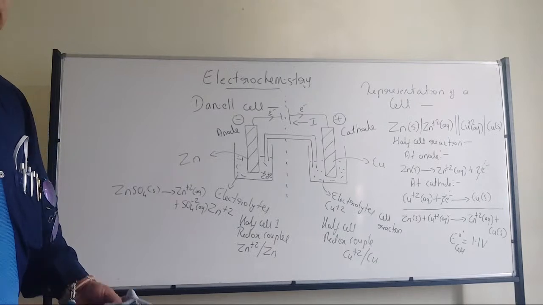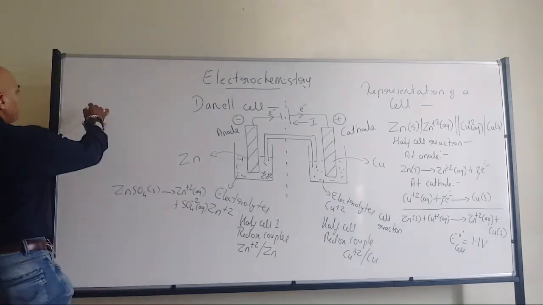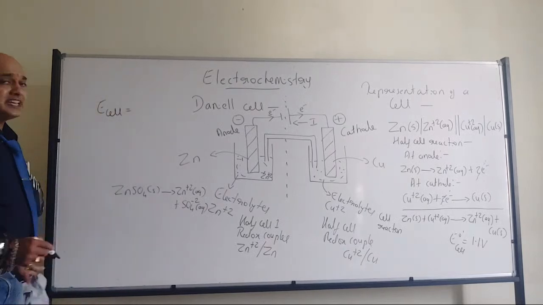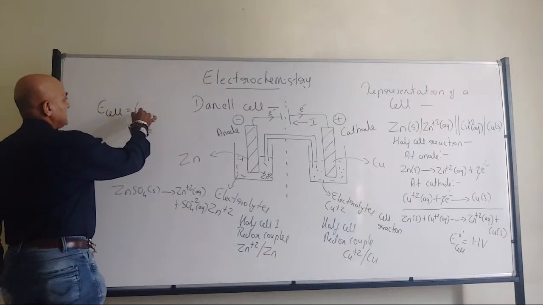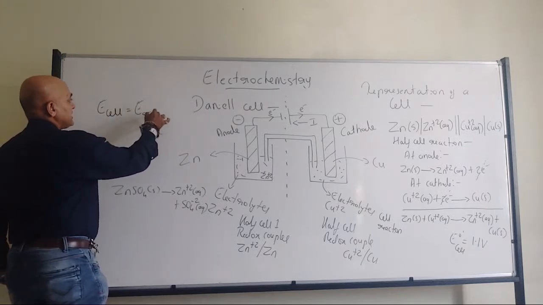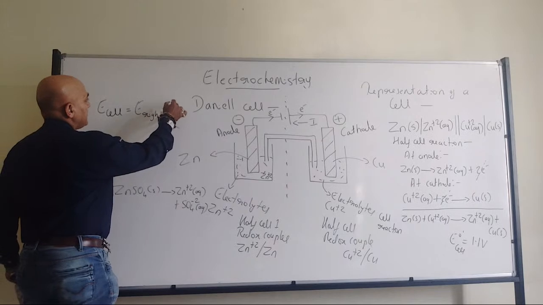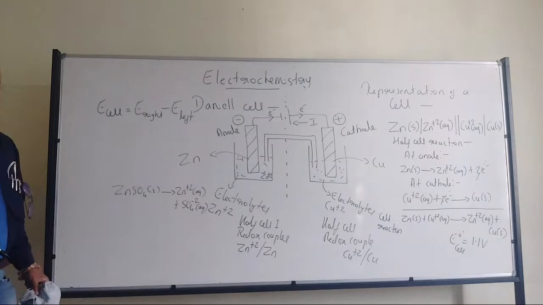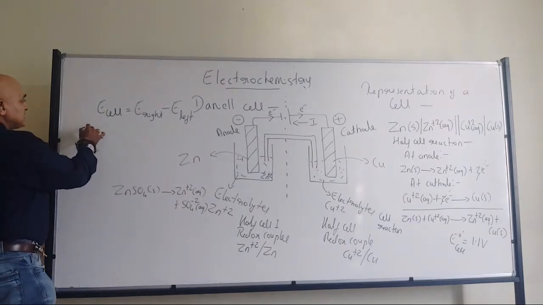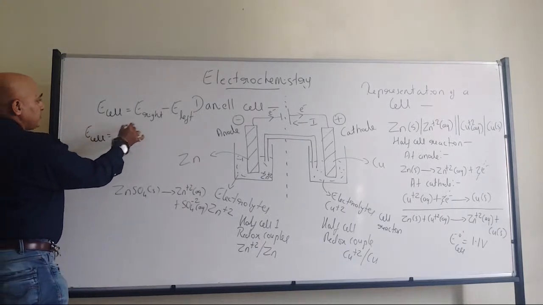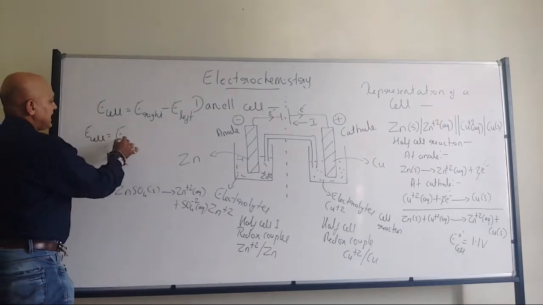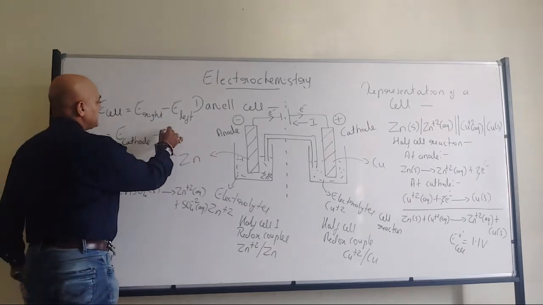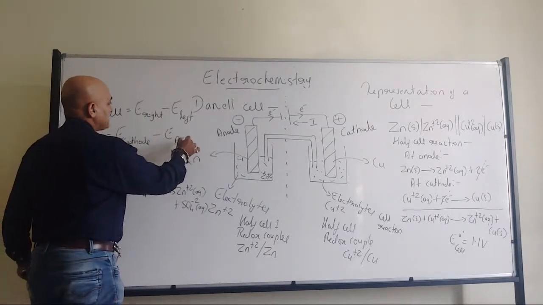Fine. So when I am talking about E cell, that is cell potential, observe it carefully: E cell is equal to the potential of the right half minus the potential of the left half. The right is the cathode, so it is potential of cathode minus potential of anode.